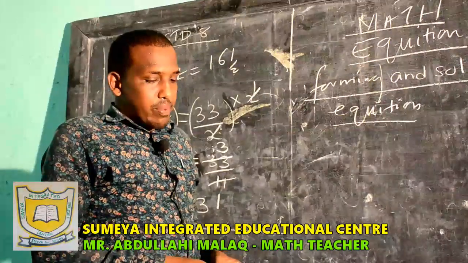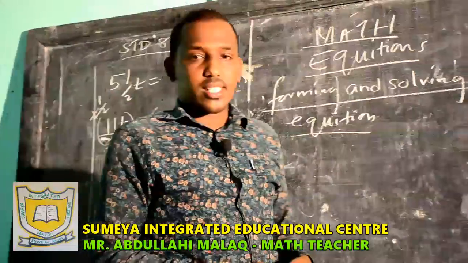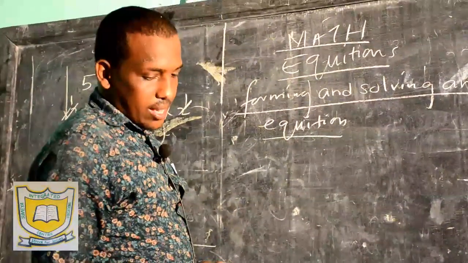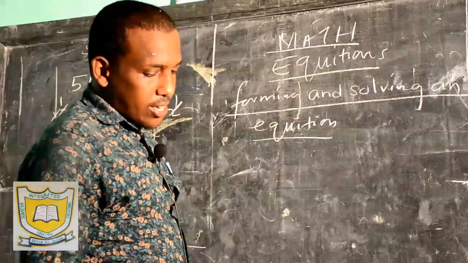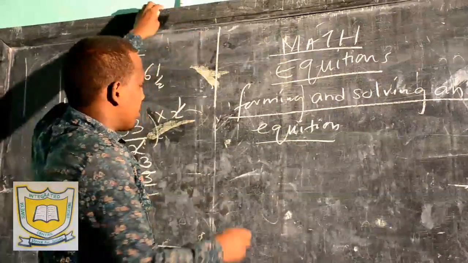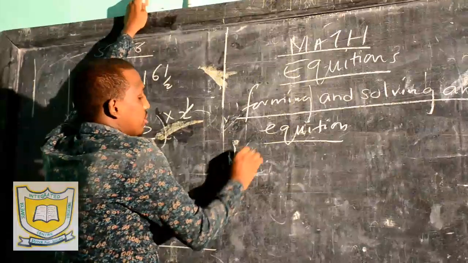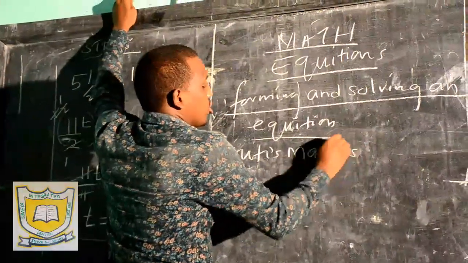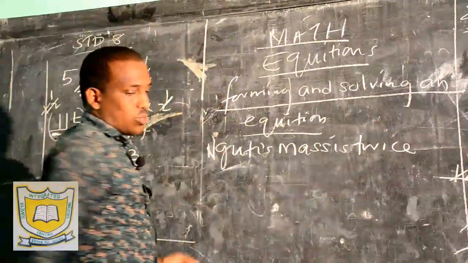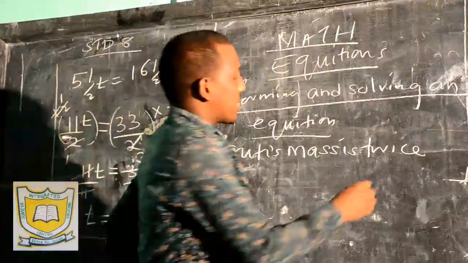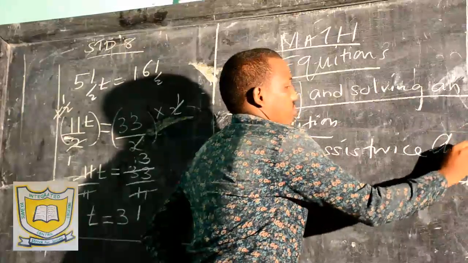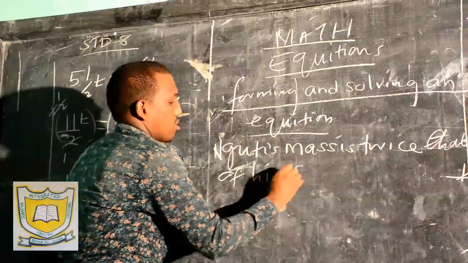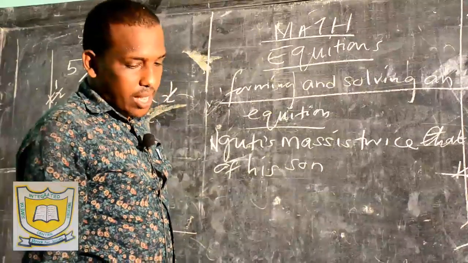In the exercise on page 60, in the exercise book Mathematics, Class 8 Primary, there's a question, exercise 43. They say Nguti's mass is twice that of his son.